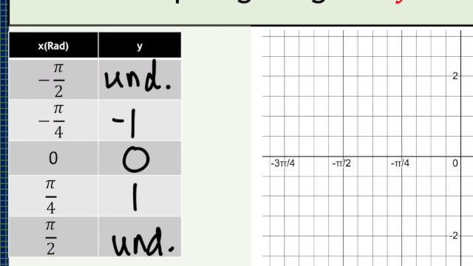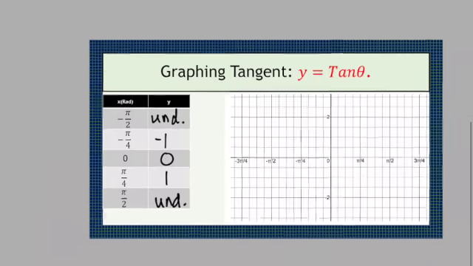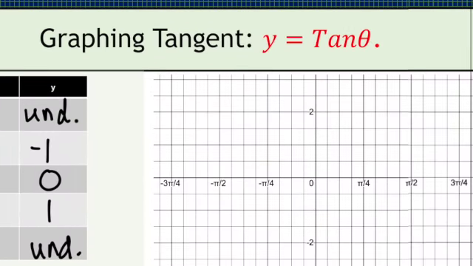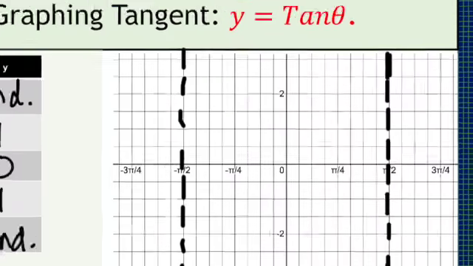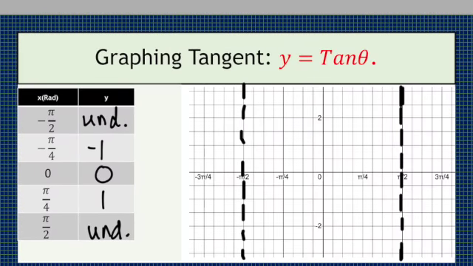So let's go ahead and graph those values. The undefined values we know are going to be asymptotes. So at negative pi over 2, and at positive pi over 2, we have our asymptotes.